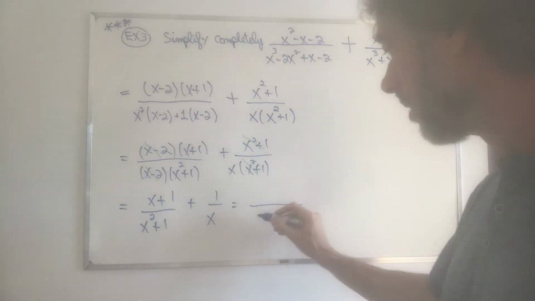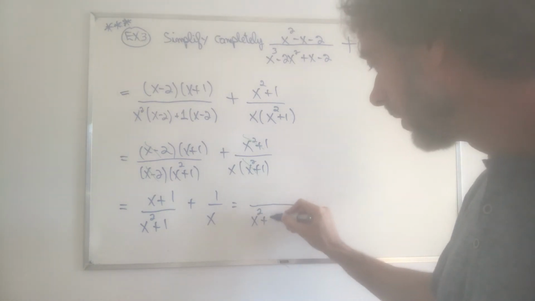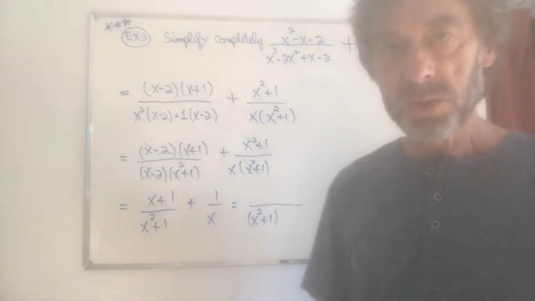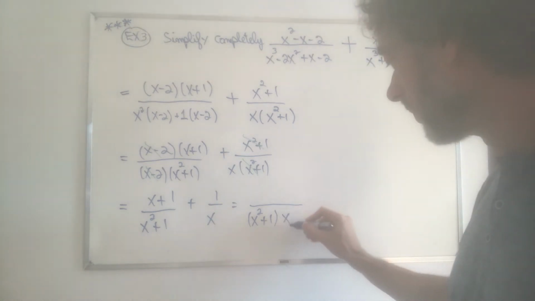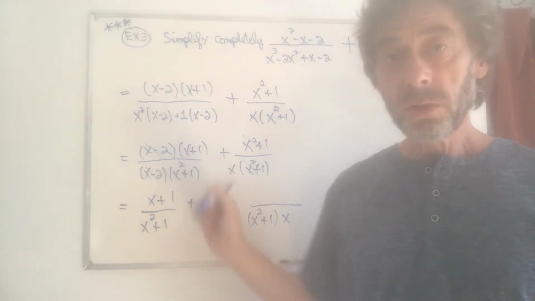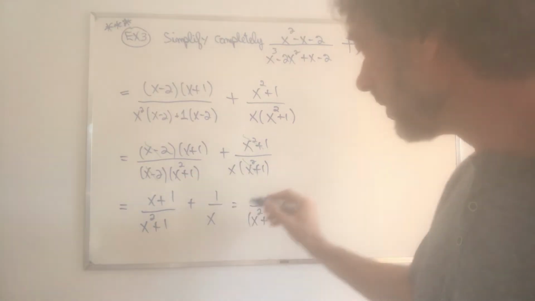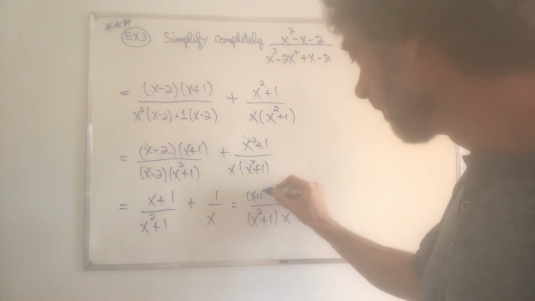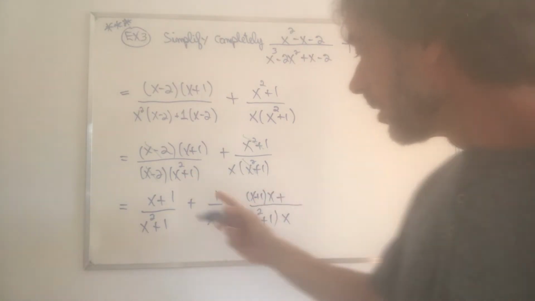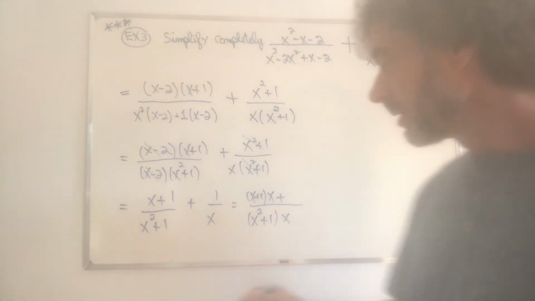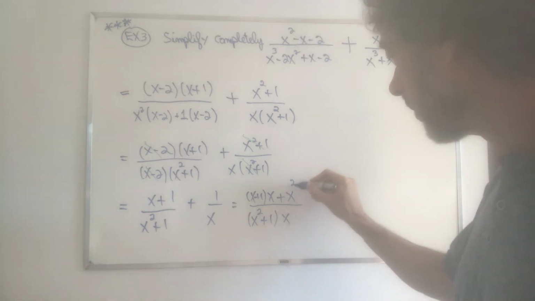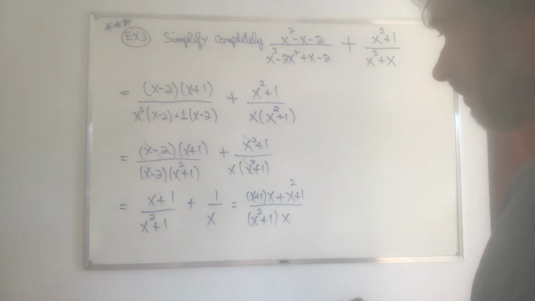So we're going to multiply the denominators. Here's x squared plus 1 times x. And then what do we do with the numerator? We crisscross. So x plus 1 times x plus, what is 1 times x squared plus 1? Just x squared plus 1.